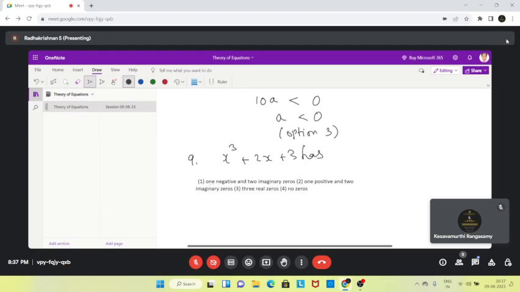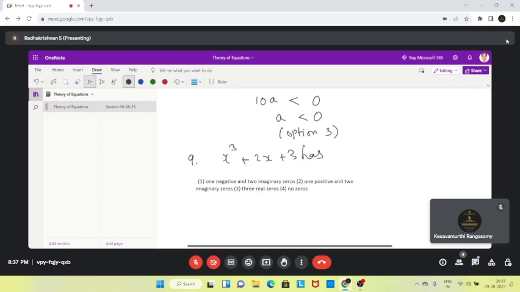Sir, how do we say P of minus x? On substituting minus x in place of x, sir. That is right. So that way you can determine the bound for positive root as well as negative root.